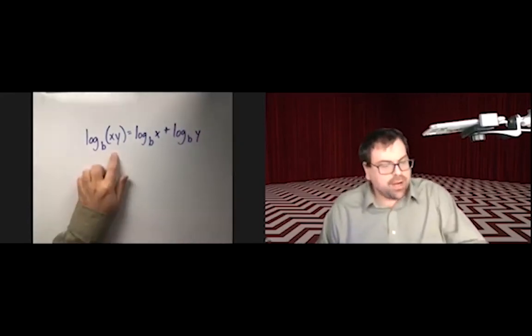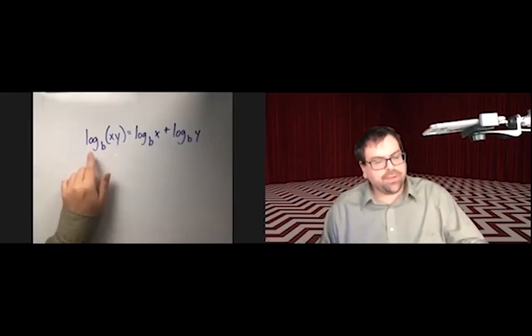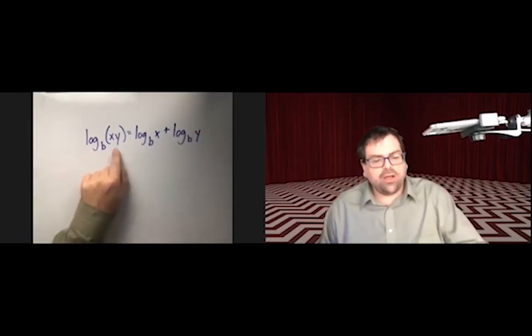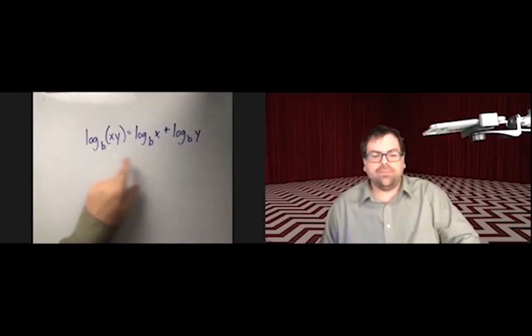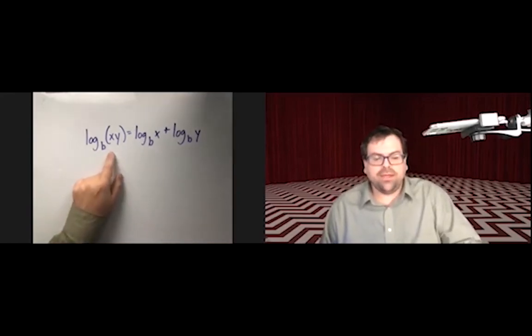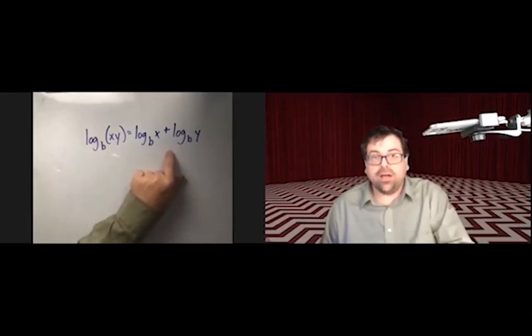This is the product property of logs. And it's just if we have the log of two things multiplied together, we add the logs. A logarithm is an exponent. When we have the exponent of two bases multiplied together, we add the exponents, we add the logarithms. That's where that comes from. It comes from our exponent rules.